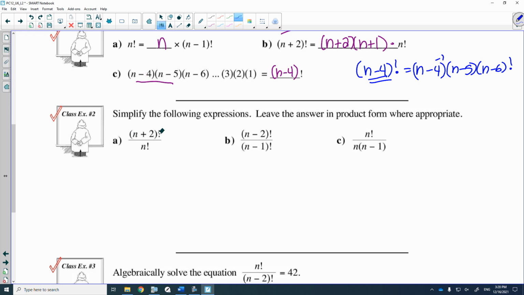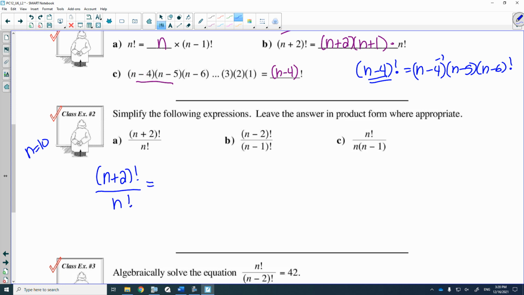How you tell which one you're going to unzip is you ask yourself, if I pick a number for n, so let's say I select n is equal to 10, whichever would give you the larger number, that's the one you unzip. So 10 plus 2 would be 12 factorial. This would be 10 factorial. This is what we're going to unzip. You stop when you get to an n factorial, because then we could cancel. So n plus 2 factorial.